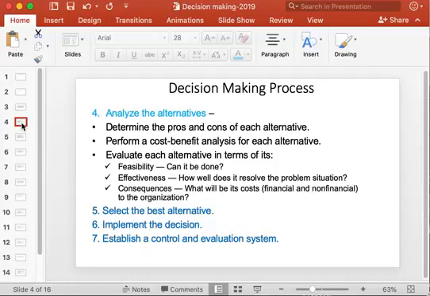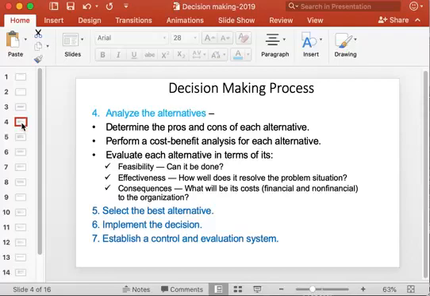Then after that, evaluate each alternative in terms of its feasibility, whether it can be done or if the solution is feasible or not.